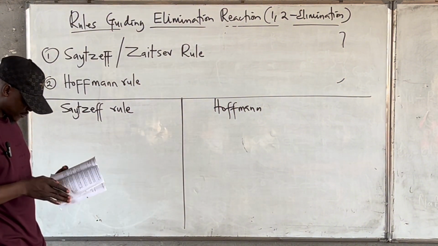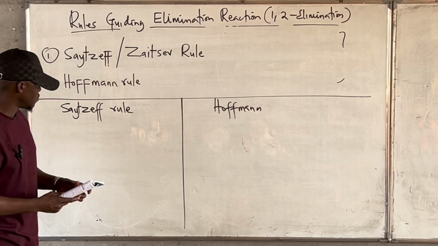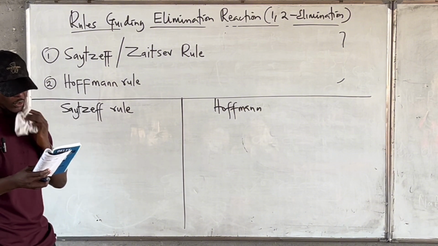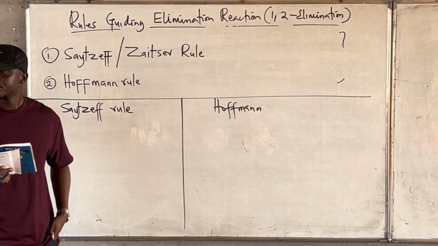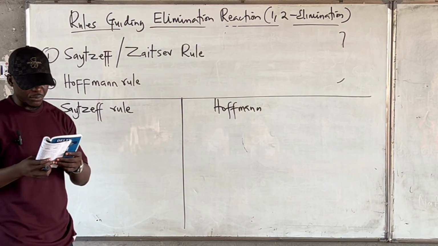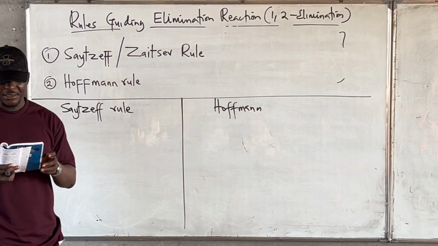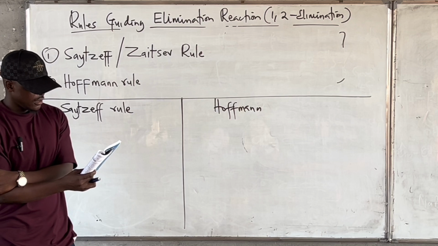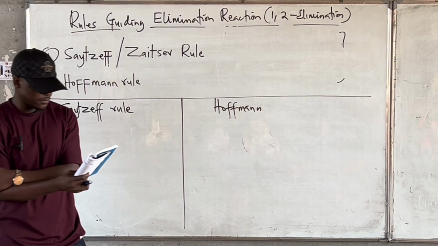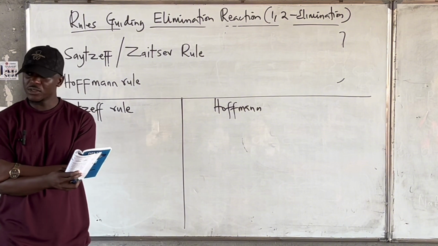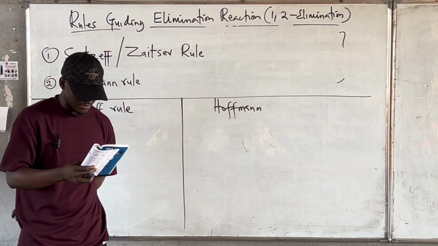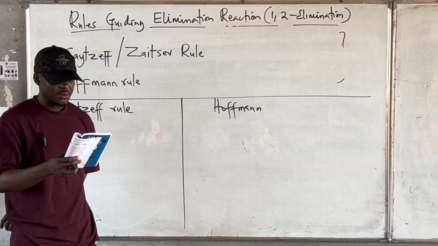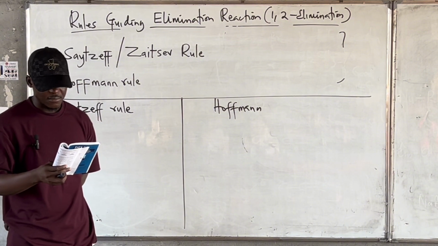During beta elimination reaction, Saytzeff rule says that the major product, or the most preferred product, is the alkene that has a greater number of alkyl groups attached to the double bonded carbons. That is that for Saytzeff.